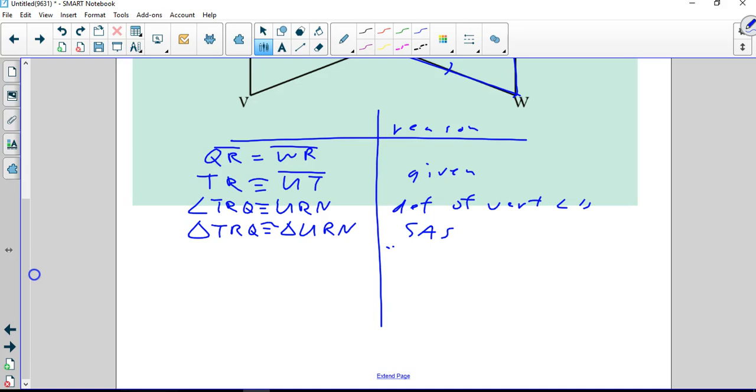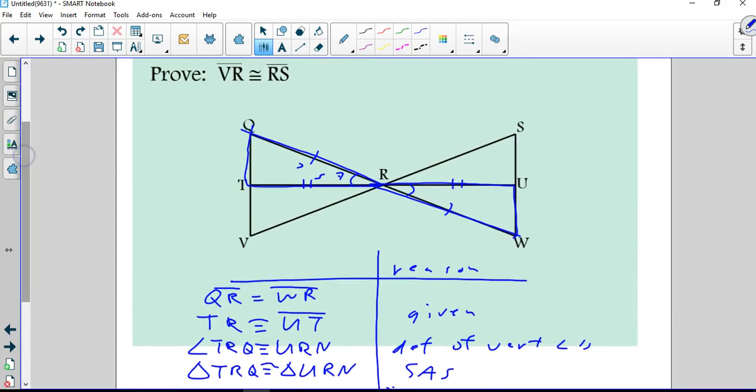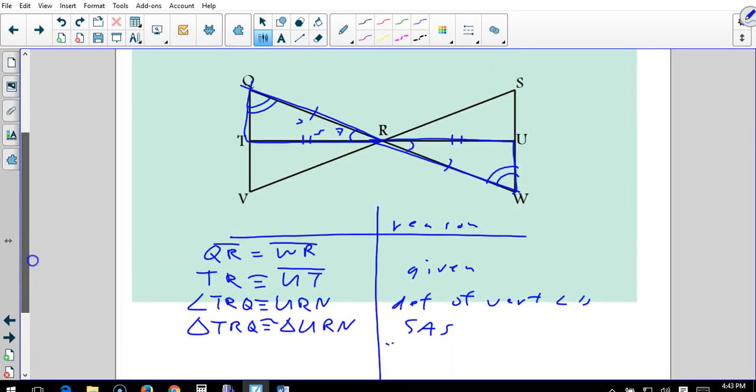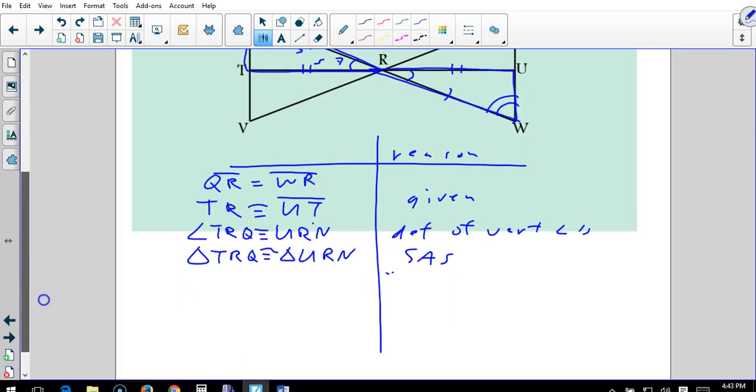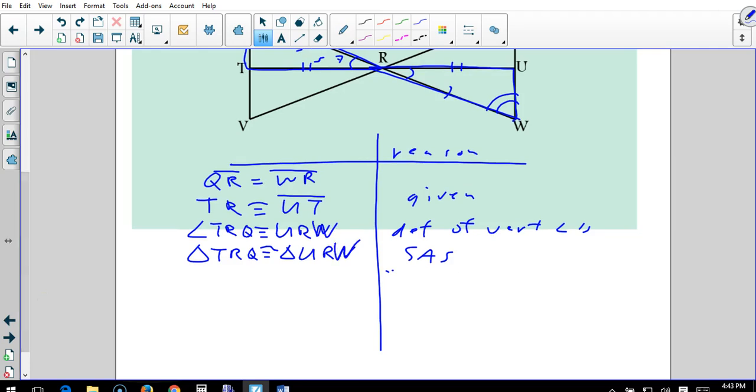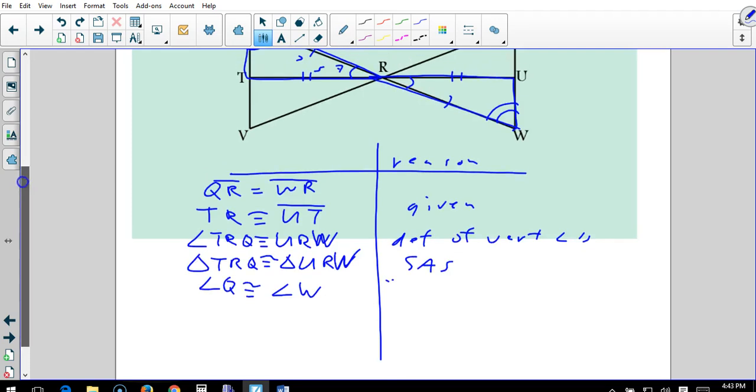Now, once we know those are congruent, we can come in up here and say this angle is congruent to this angle. Of course, I made a mistake. It's not URN, it's URW. Sorry. So at this point, I can say that angle Q is congruent to angle W. Oh, I know why.